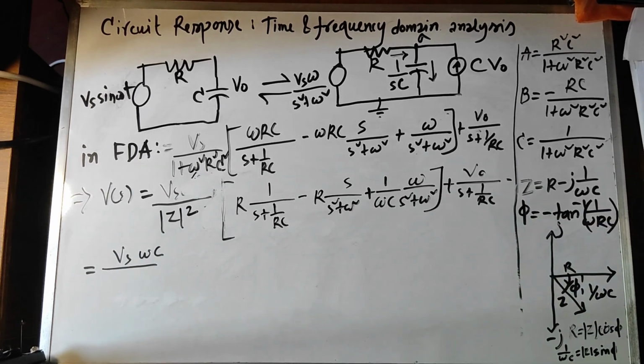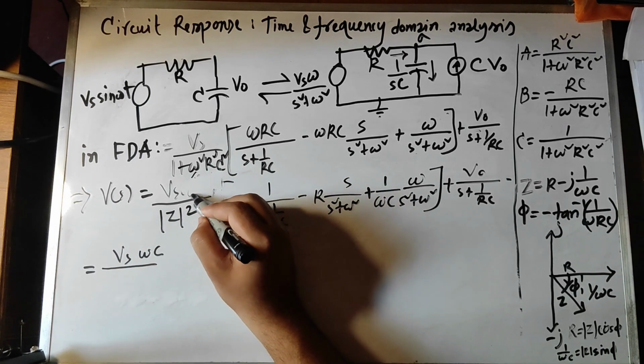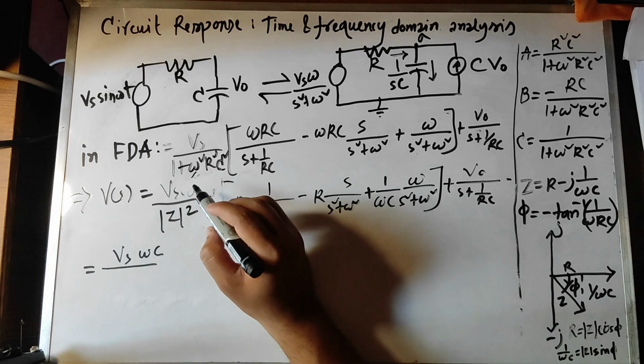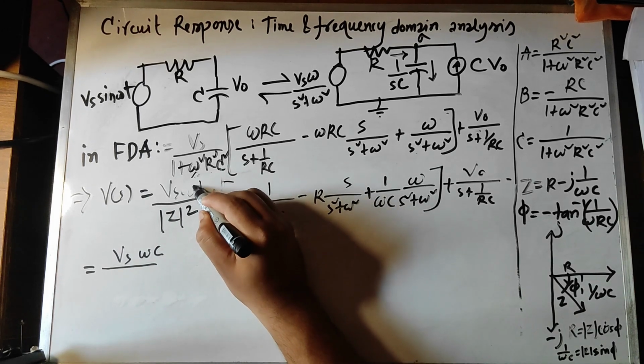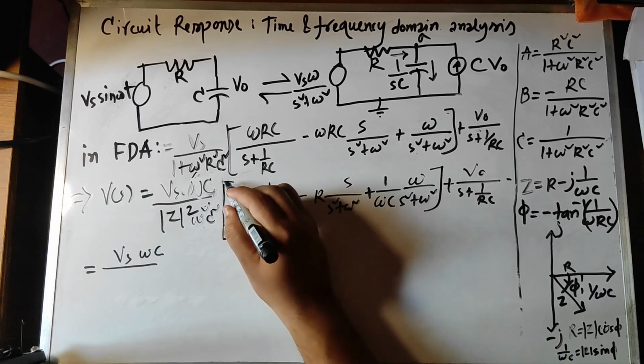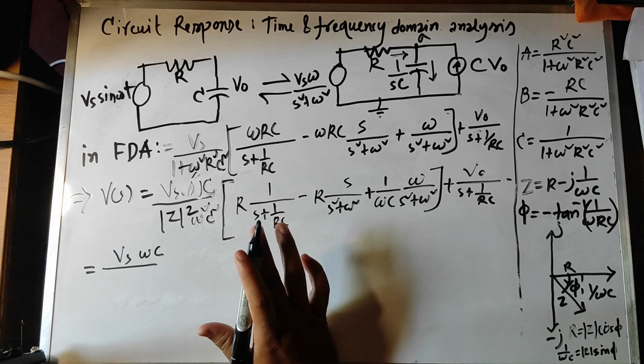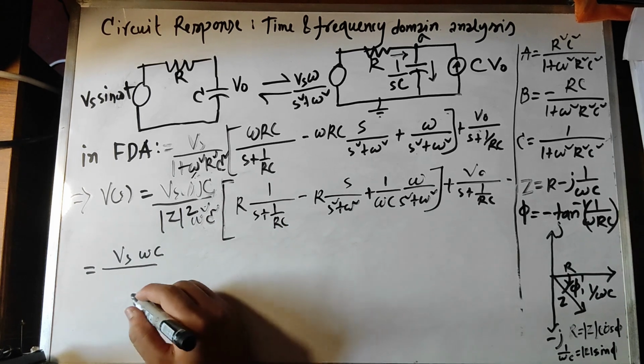So here and here omega c commoned out is omega square c square. Now this is the right arrangement.